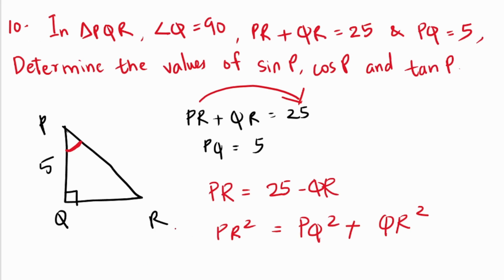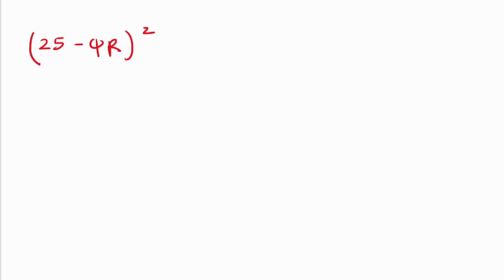So in the place of PR square, we'll be writing 25 minus QR whole square. And you already know the value of PQ is 5, given in the question. So it's 5 square plus QR square.